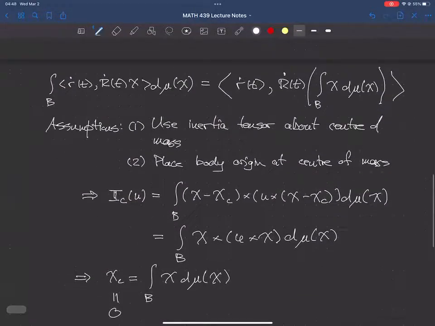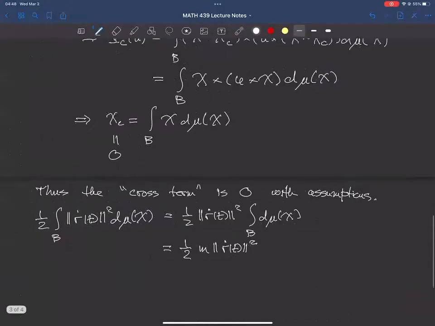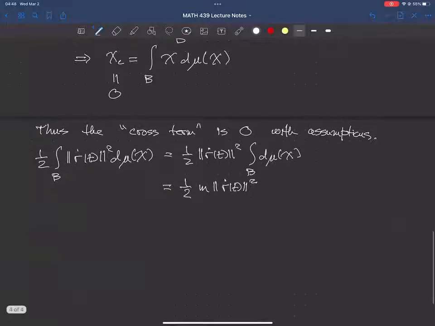So now we need to think about that term. Okay, so we'll do some calculation there. Okay, so 1/2 integral over the body of r dot t chi squared d mu of chi.